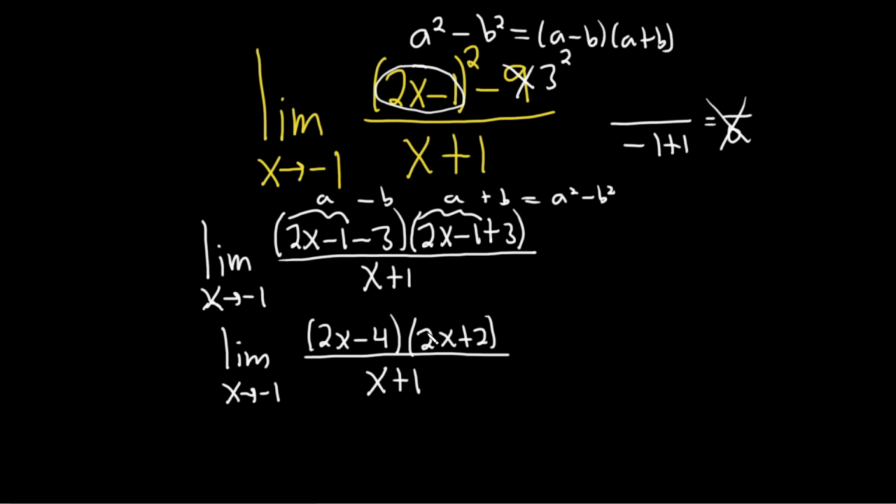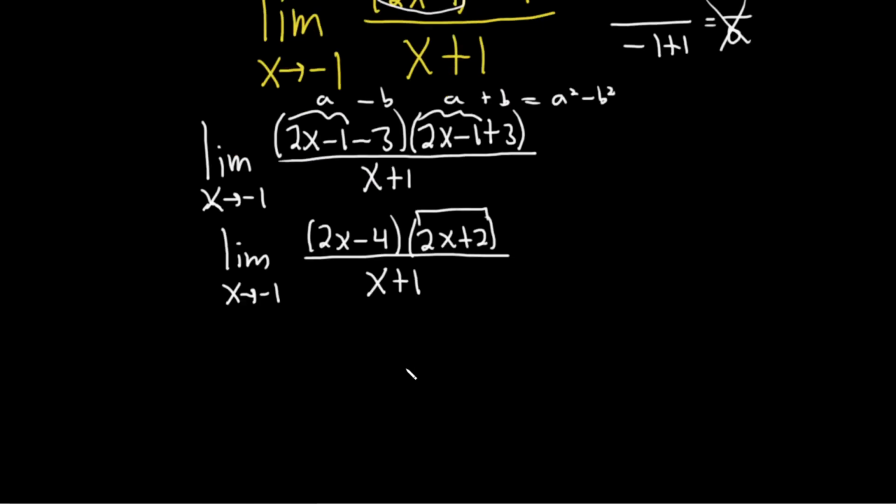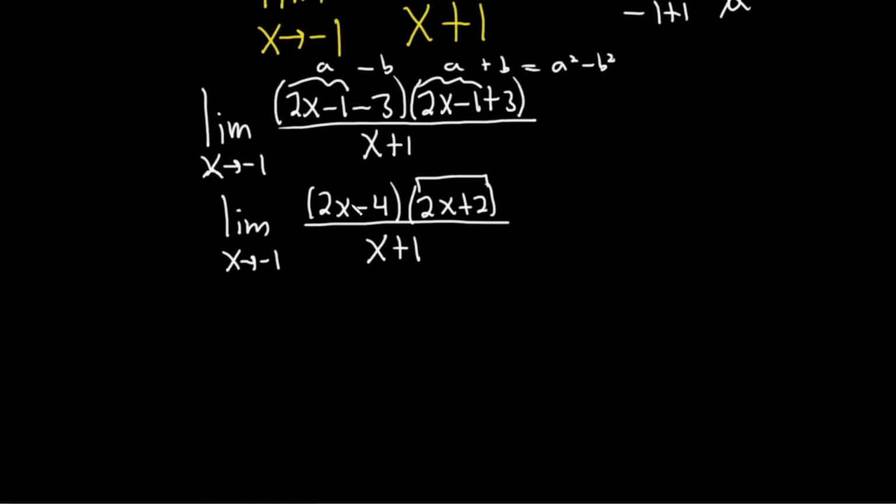So what you can do here is pull out a 2 from this, and that will give you an x plus 1 so that it will cancel. So let's go ahead and do that. Note you can also pull out a 2 from the other factor, but that's just going to give you an x minus 2, which is actually useless in this problem. So limit. We're going to pull out the 2 from here. I'm going to put it in the front. I'm going to keep this piece, 2x minus 4.